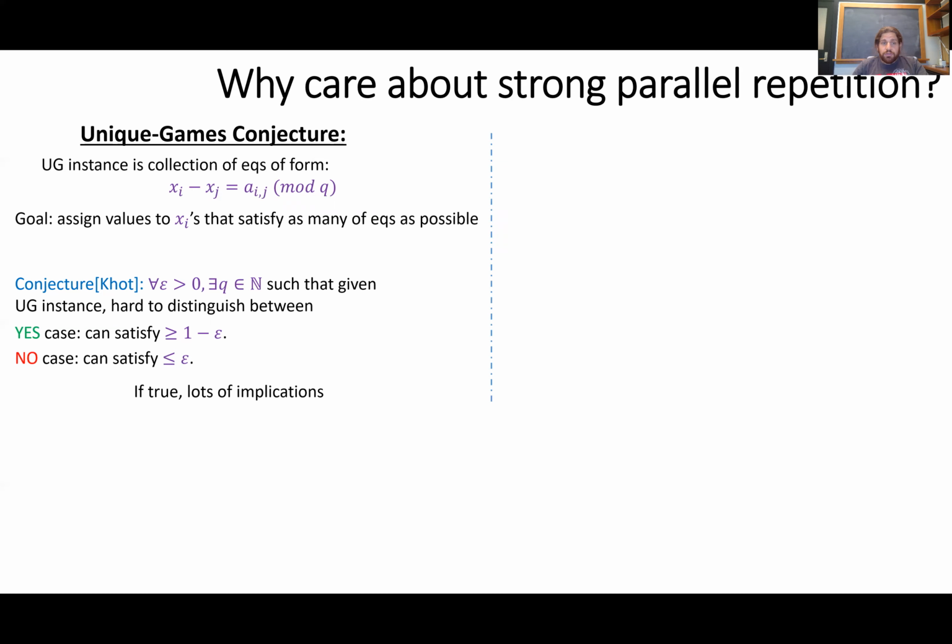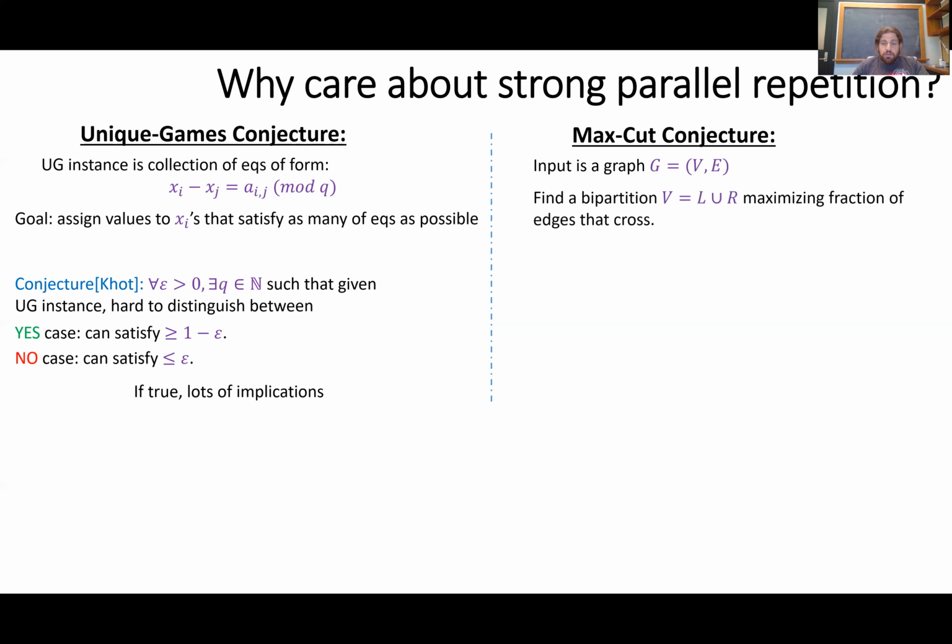In contrast to that, we have what is called the max-cut conjecture. So what is max-cut? You have a graph G, and you want to partition the vertices into two sides, L and R, so that as many edges cross from one side to another.